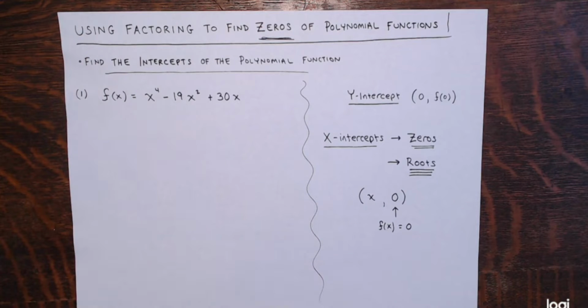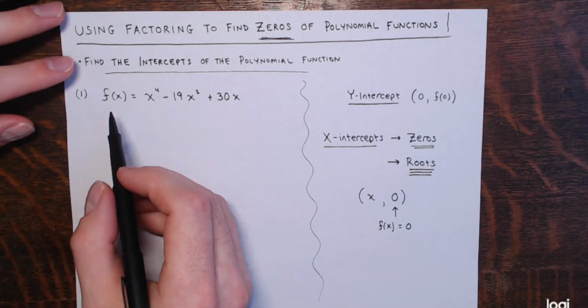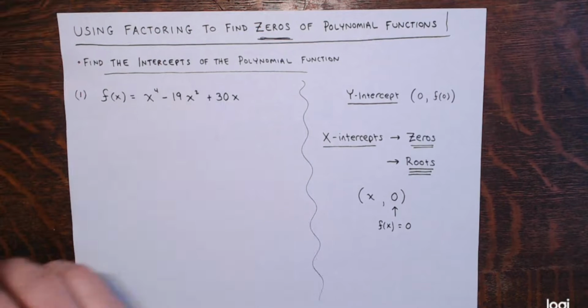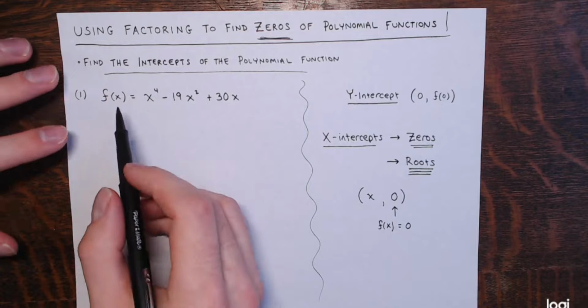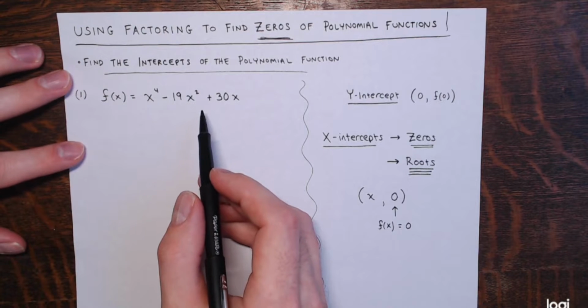I've gone over how to find intercepts of linear functions in a previous chapter in this text, so I'm hoping you've seen that. In all these examples, they're just asking us to find the intercepts of the function, and we are told it's a polynomial function.